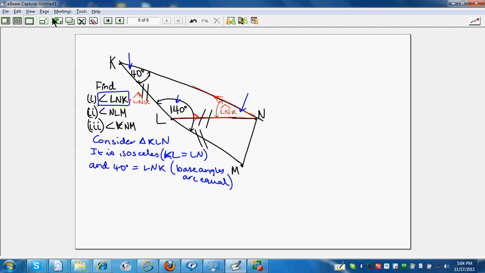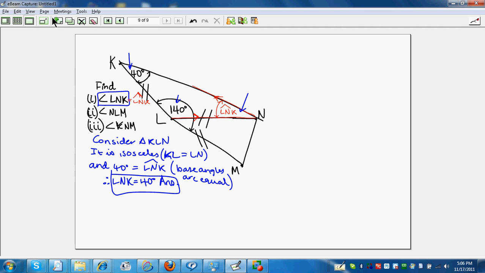So in that way, we would have found the answer for LNK. That's an answer. And at each stage, you must give your reasons. You see how we're giving reasons as we go along? At each stage, we must give our reasons.